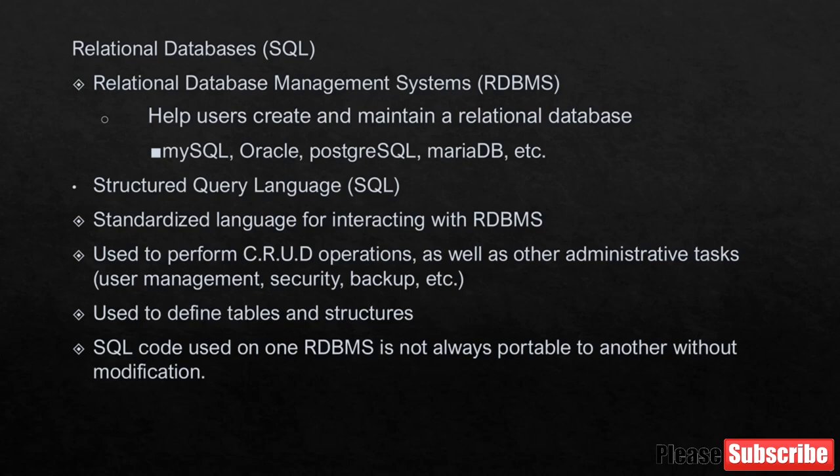Then we have structured query language, which is SQL. That is what MySQL stands for. It is a standardized language for interacting with an RDBMS, a Relational Database Management System. It is used to perform CRUD, which is create, read, update, and delete.